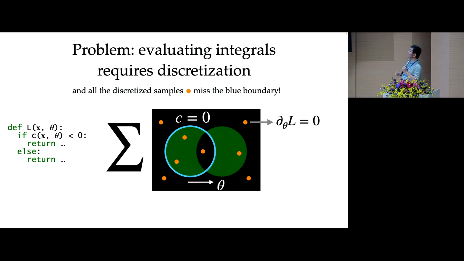So all the yellow points will just tell you that the derivative is 0, because what they see when the circle moves right is that nothing changes around their infinitesimal neighborhood. Okay? Mathematically, the probability that any of these yellow points hit the blue circle is exactly 0 because it's a measure 0 subset.